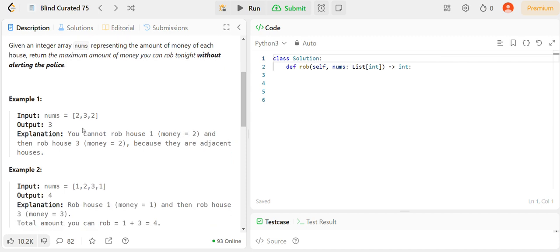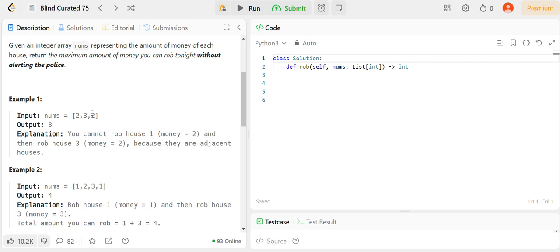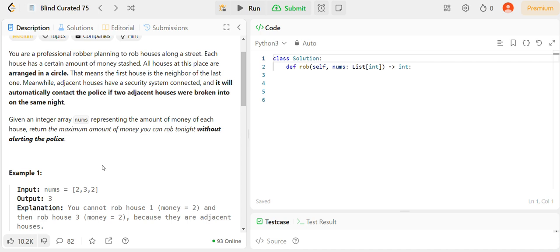But we have to care about two things. First is the order 2, 3, 2, and then we come back to 2. So we cannot rob the 2 and 2 because the first 2 is actually its neighbor, since it's a circle, and we don't want to get caught by the police.